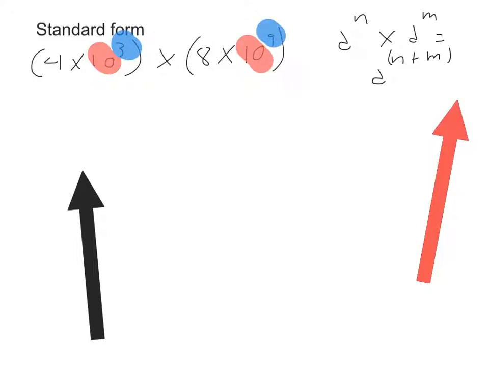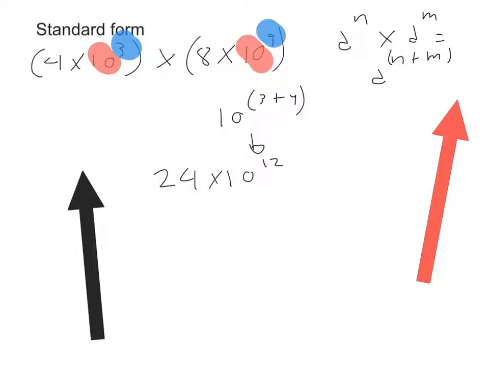So we will have 10 to the power of 3 plus 9, so basically 10 to the power of 12, multiplied by 4 times 8. We can multiply 4 and 8 together, that is clearly 32, and we can write 32 times 10 to the power of 12.